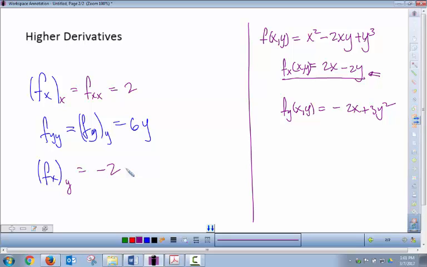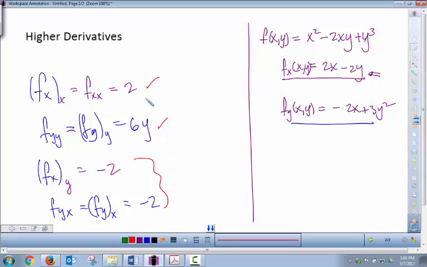Are there any other derivatives we could take? Fyx. So fyx is equal to fy, and then you take the derivative of that function with respect to x. What is that equal to? Negative 2. So it's going to be the same regardless. Whenever you take a function f with respect to x and then y, or vice versa, you always end up with the same?